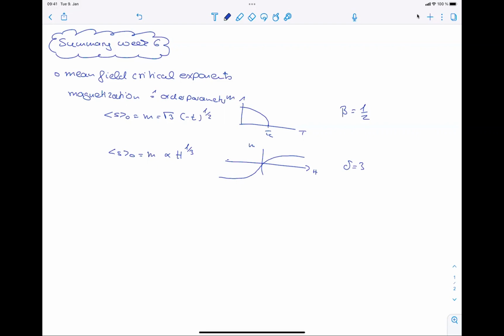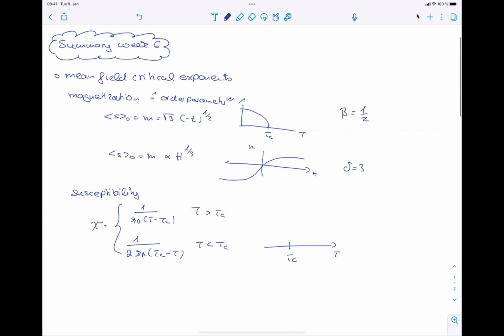And then we looked at the second order derivatives of the free energy, like the susceptibility, which we found to diverge at the critical temperature.